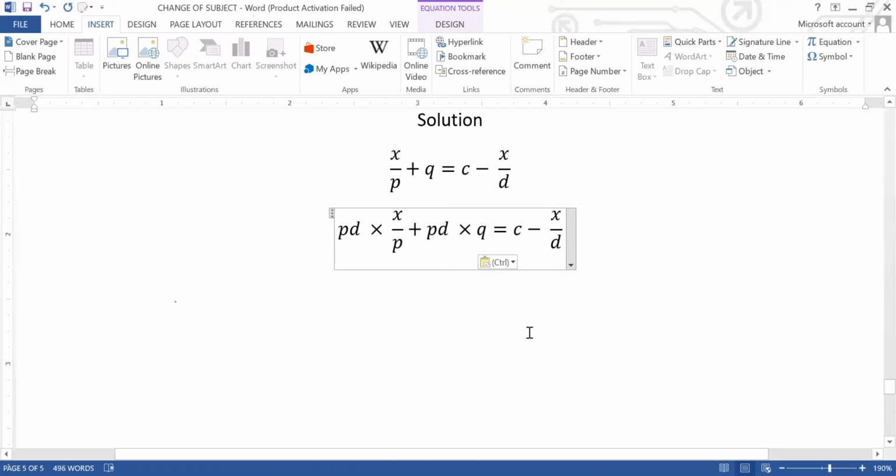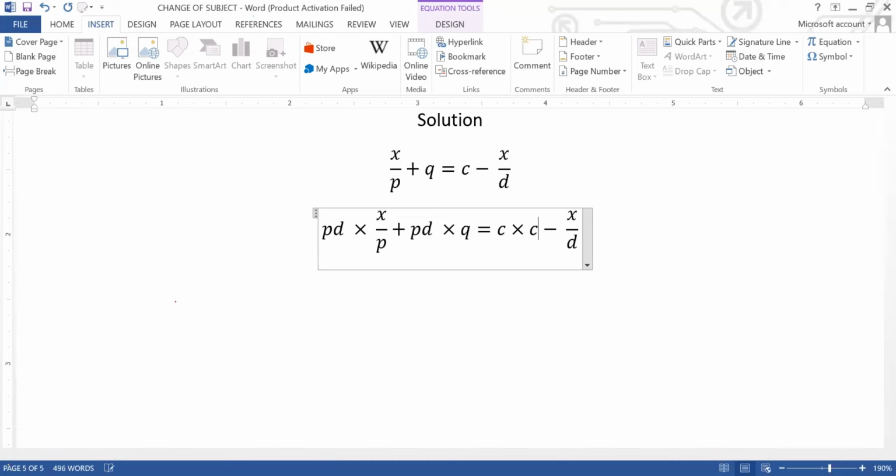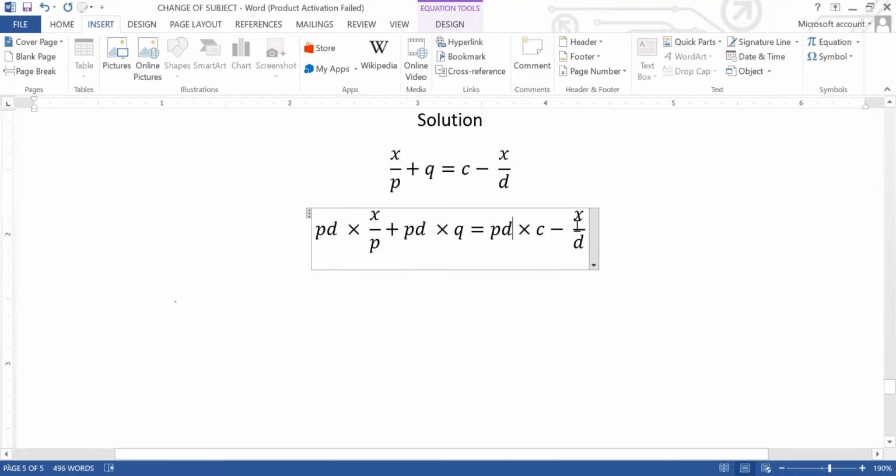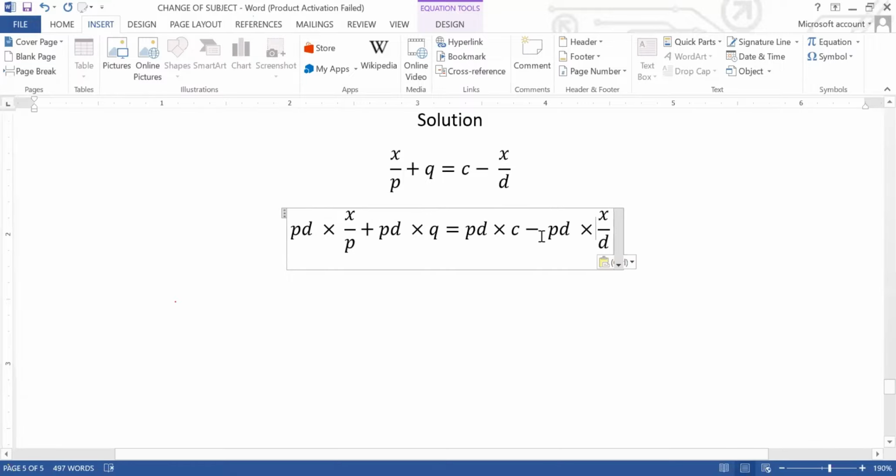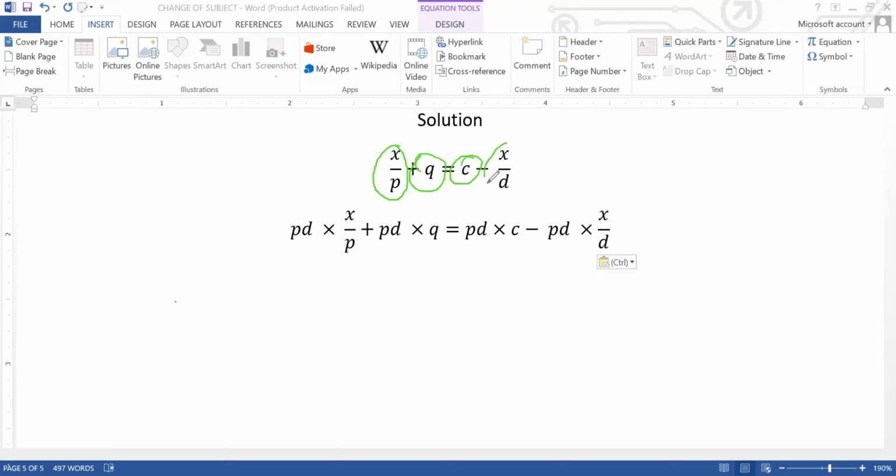And PD will multiply C as well. And then PD will multiply this term as well. Please, the LCM should always multiply each term. Term 1, term 2, term 3, term 4. Not necessarily only the ones with the denominator, please. Most students do that. Don't do that. LCM must multiply through all.